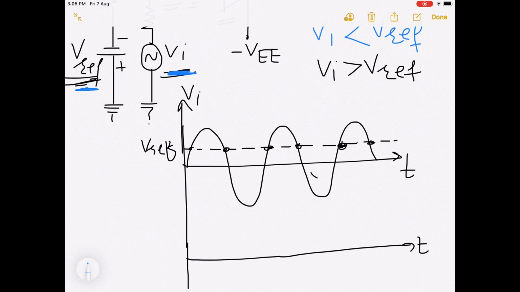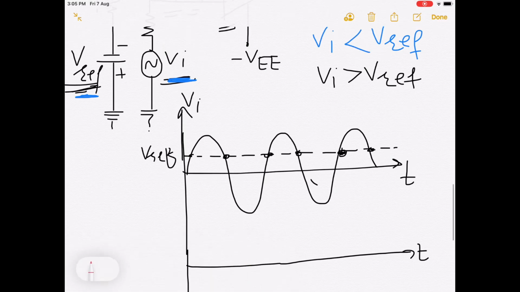First of all, you have to consider these points and draw the crossing points here, where it crosses.